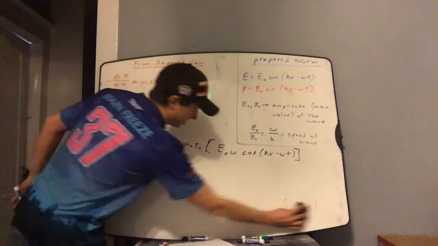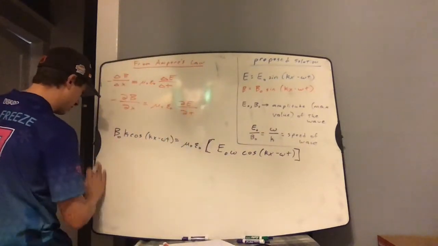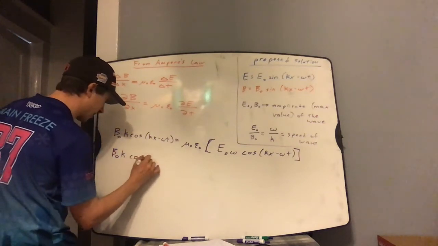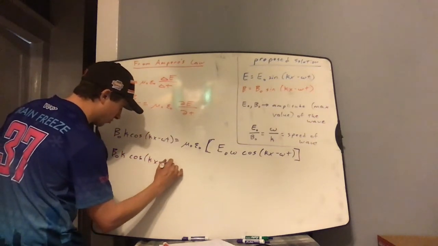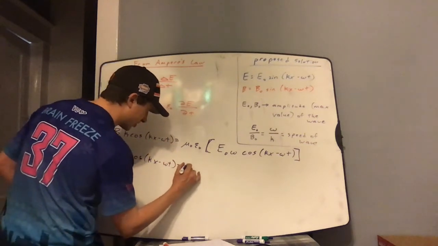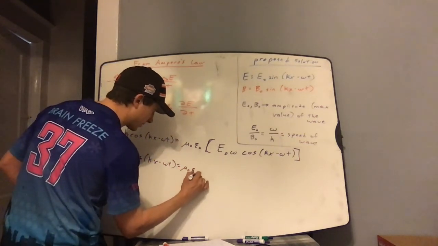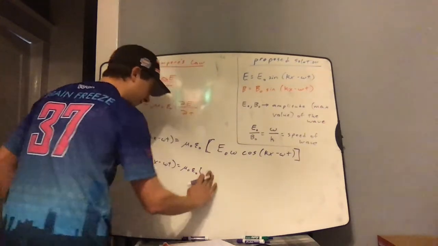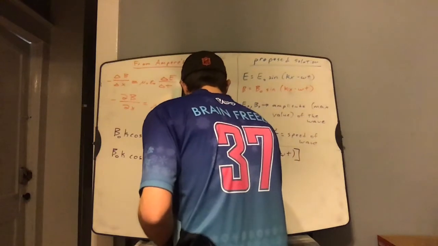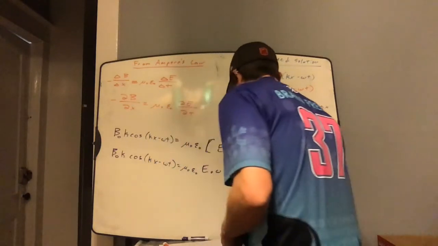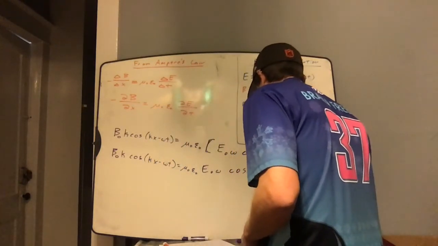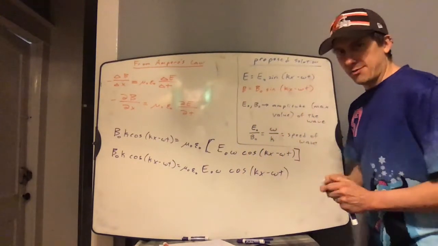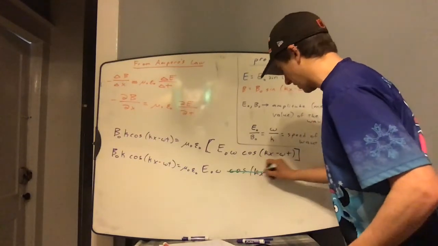So I could write this line as B naught k cosine kx minus omega t equals mu naught epsilon naught E naught omega cosine kx minus omega t. So let's see, we have cosine on both sides, so the cosine terms could cancel each other out.